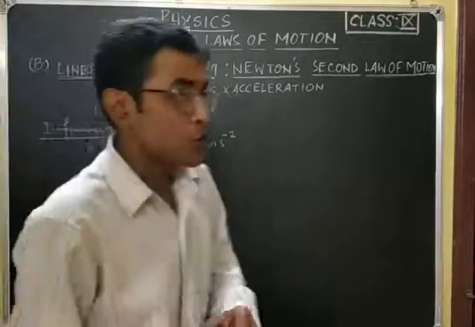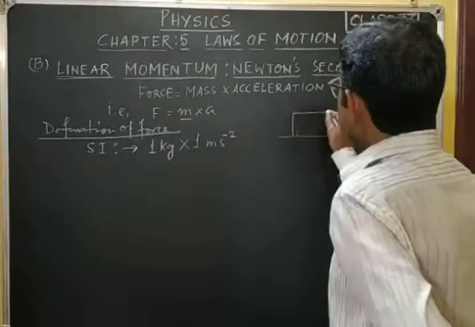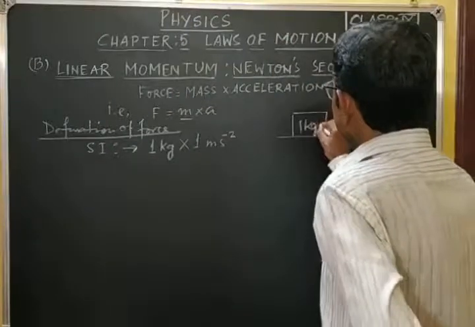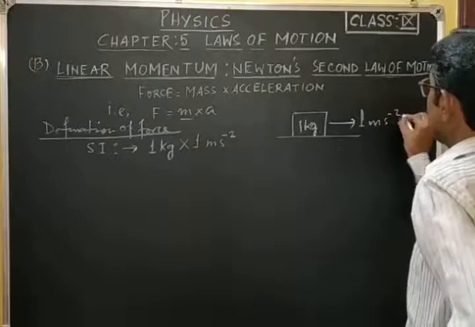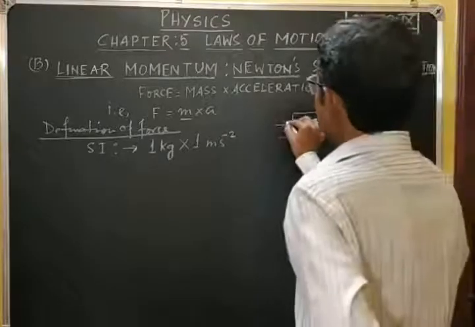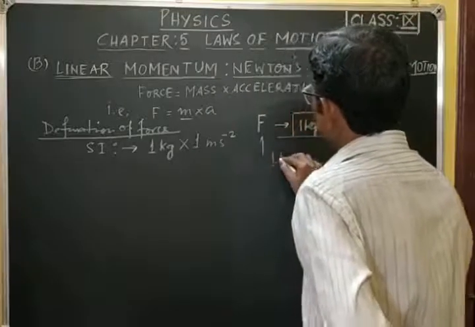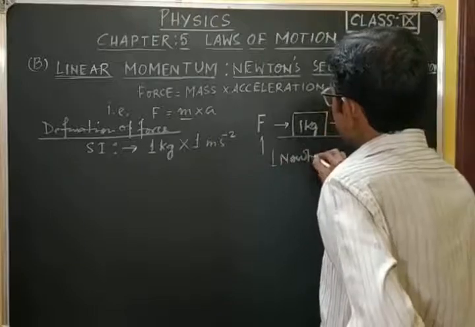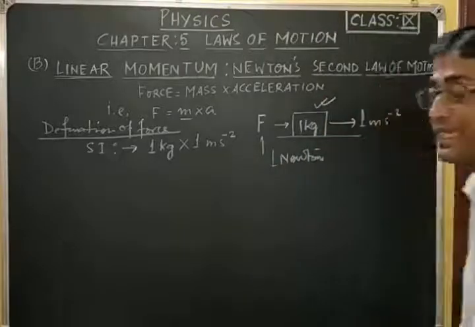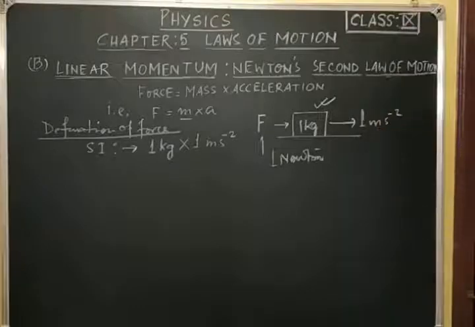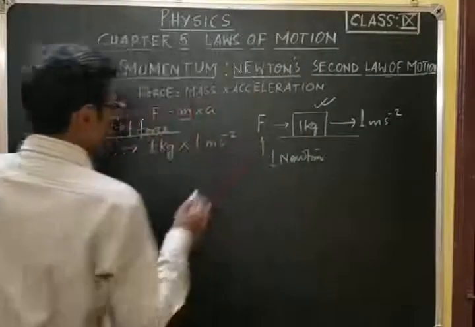So the force which acts on a body of mass 1 kg and produces an acceleration of 1 meter per second square is called 1 Newton. Remember.